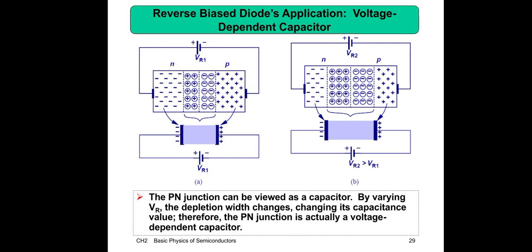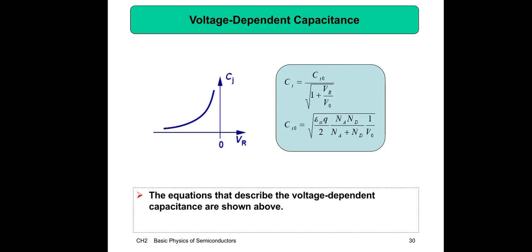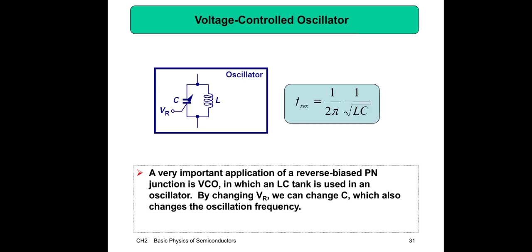So you can say it is used as a voltage dependent capacitor, where if we change the depletion width, the capacitance of this capacitor will change. This is the formula for voltage dependent capacitance, and these equations describe the voltage dependent capacitance.